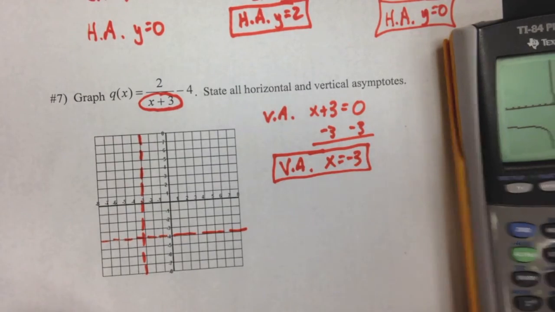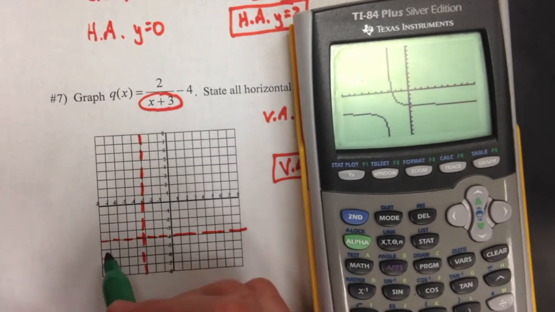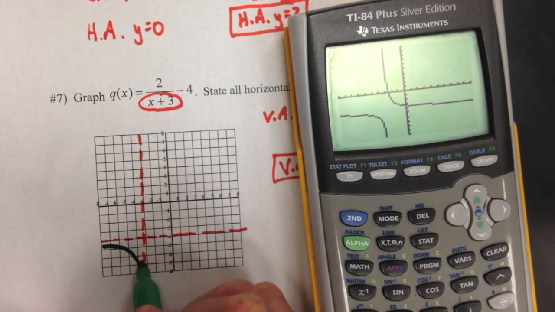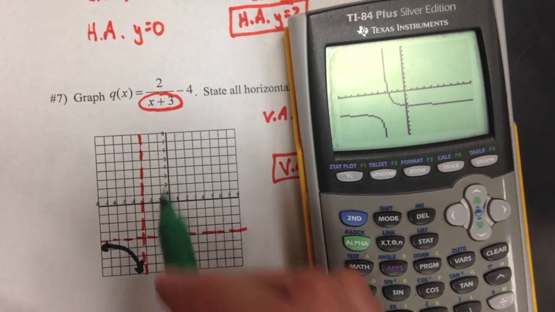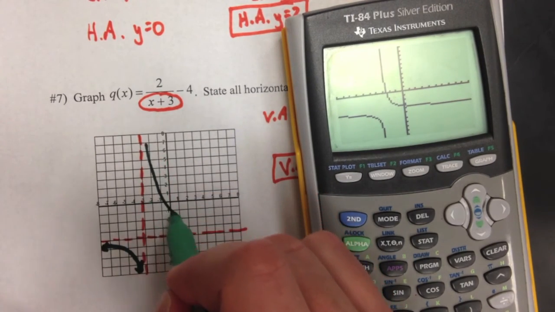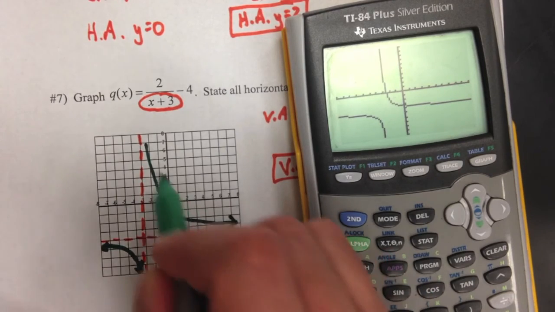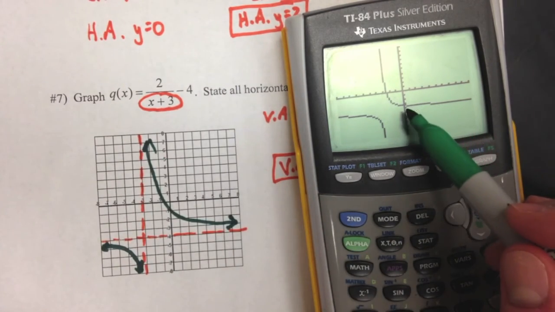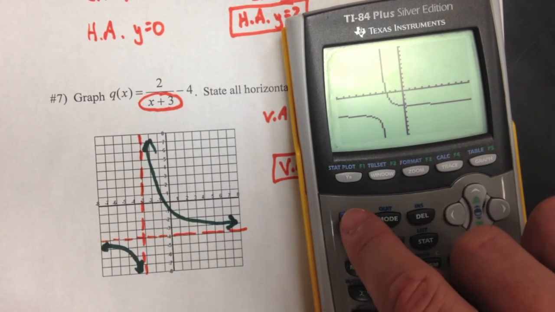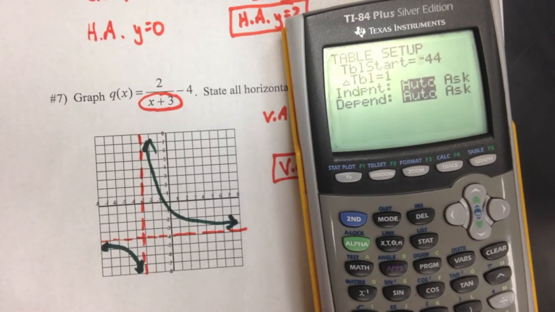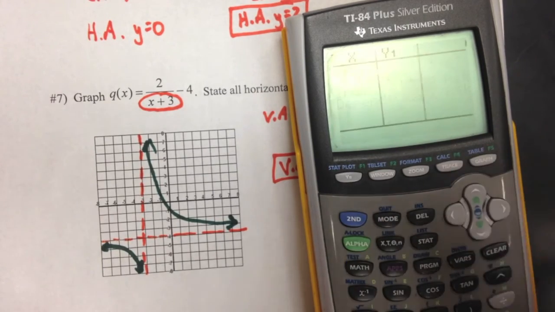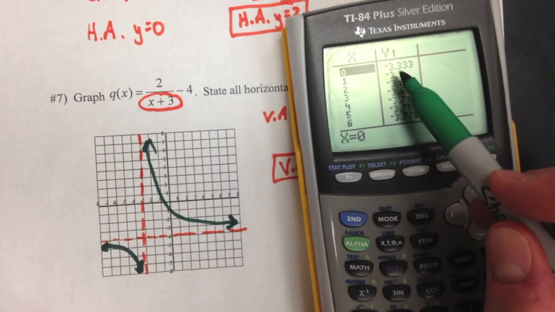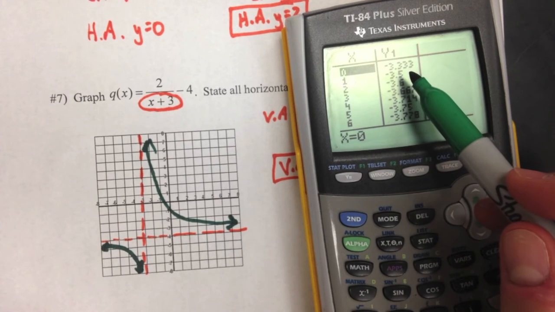Now, let me go ahead and draw the rest of this. So it's going to look something like this on the left, and it's going to look something like this on the right. We could find the y-intercept by plugging in a 0. Or if I go back to the table, when x is equal to 0, the y value is negative 3.3 repeating.